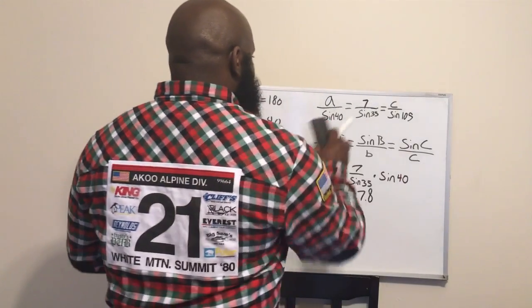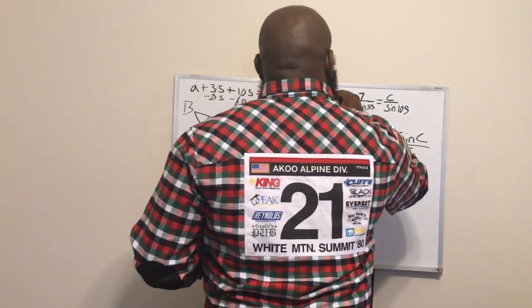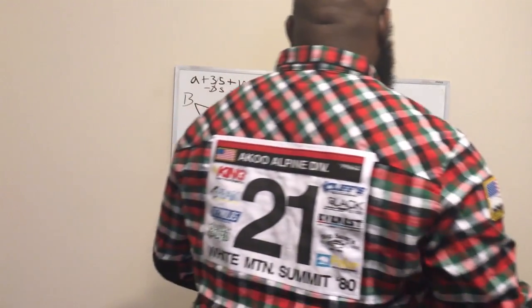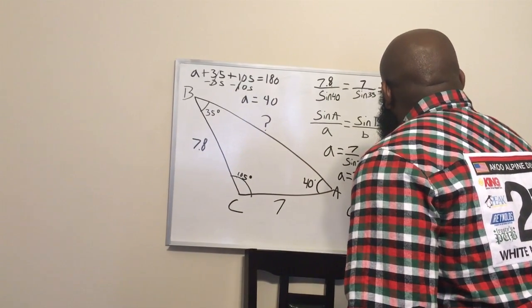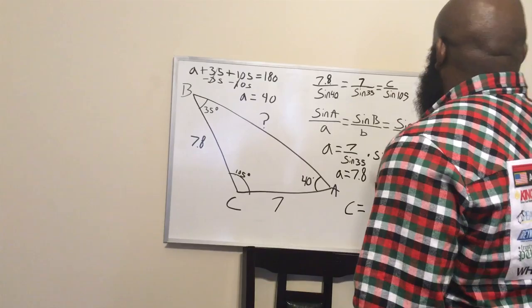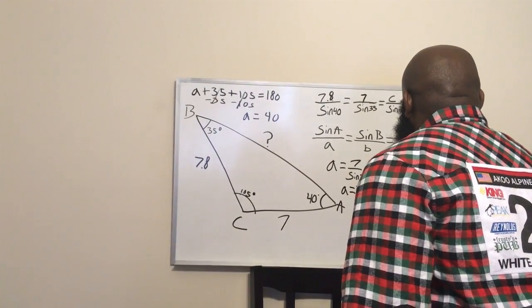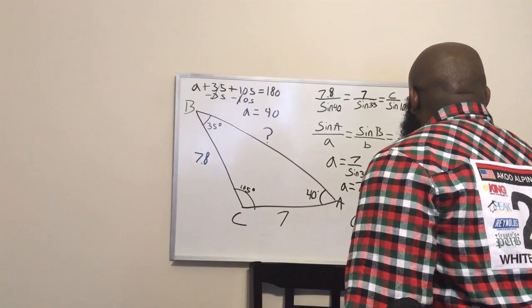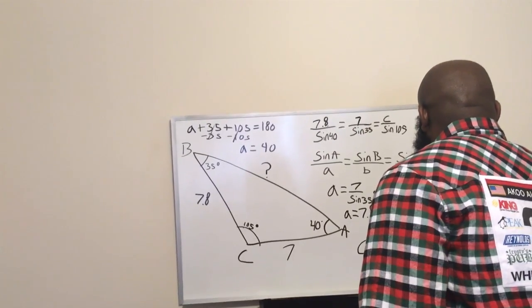So now we want to solve for side C. So let's input this right here. So therefore we're going to say C is equal to 7 over sine 35 times sine 105.